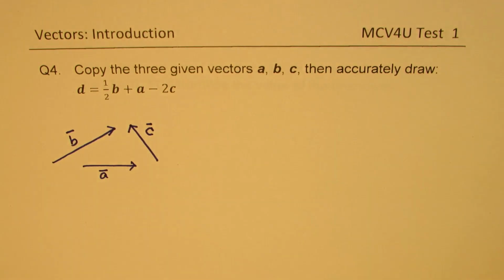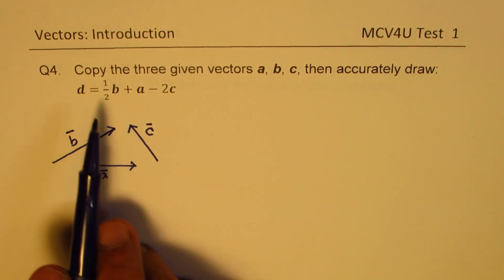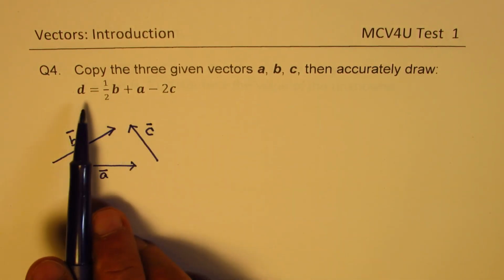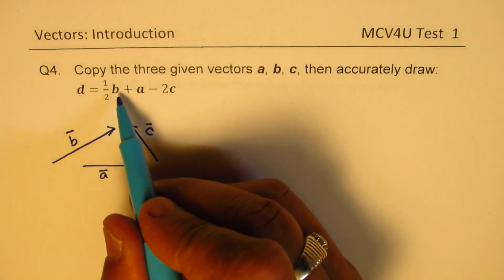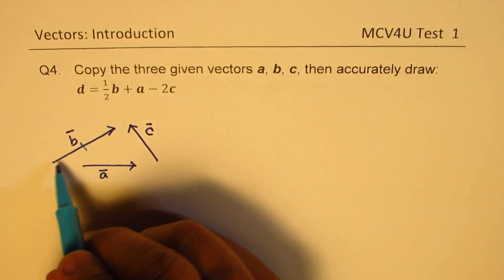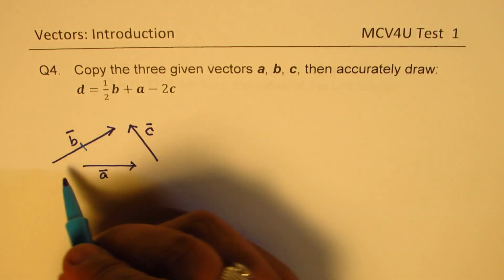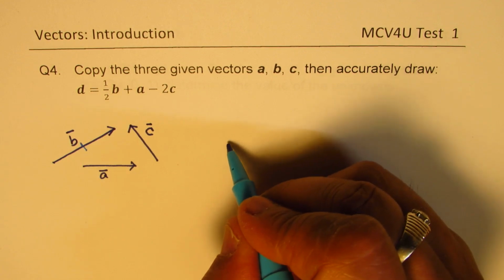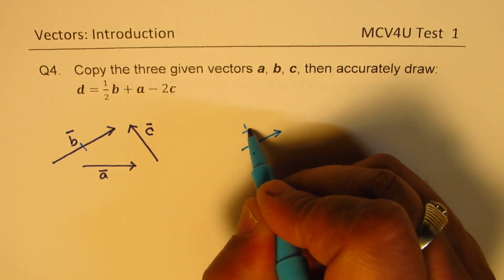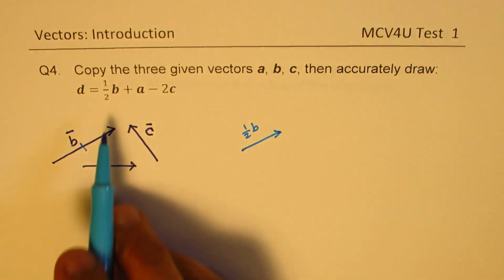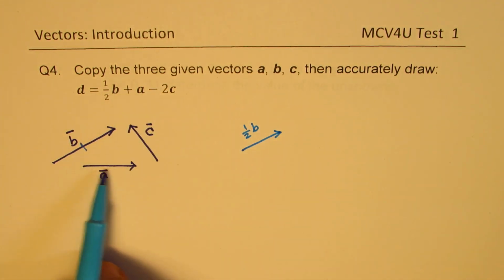Okay. Now we need to find the sum of these three vectors. So when we say half of b, that means it is going to be half of b, right? And parallel. So we can begin with this. So that is half of b. Plus a, so this is a for us.